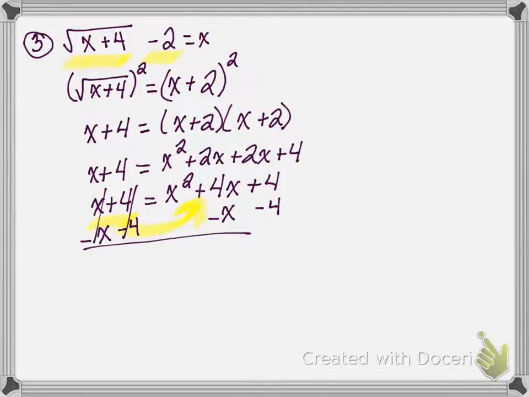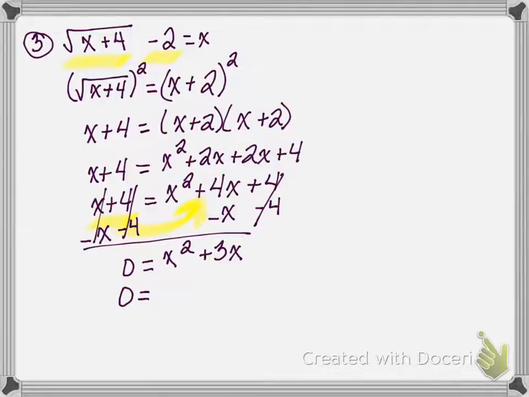When I do that, I'm left with 0 on the left side of the equation, and I have x squared plus 3x plus 0. The 4 and the negative 4 simplify out, so they make 0. Some students, when they get to this point, think that they have made a mistake, and you have not made a mistake if you get to this point right here.